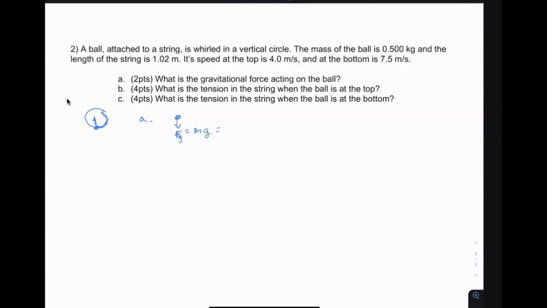So we put in the mass and we multiply it by g. And the result is 4.9 newtons.